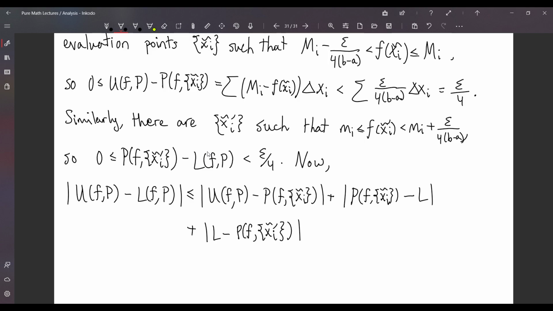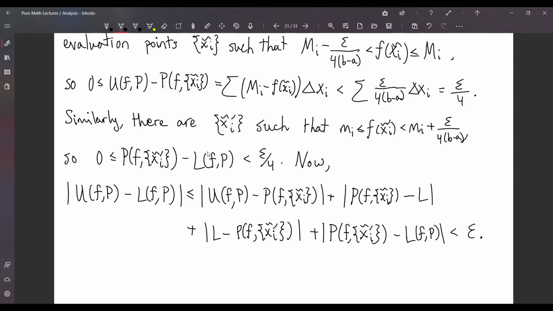And again, this term, independent of evaluation points, is less than epsilon over 4. And then the last term is that we are going to have the same Riemann sum minus the lower sum, right? And so now we've chosen these evaluation points such that this term is less than epsilon over 4. So we have 4 terms, each of which are less than epsilon over 4, so their sum is less than epsilon. And that's what we wanted to prove.